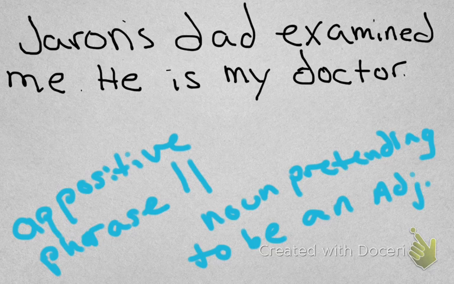We have our predicate nominative. Remember our complements from last semester. We have our predicate nominative in the second sentence. And it'd be so much easier to describe Dad without the second sentence. Okay.